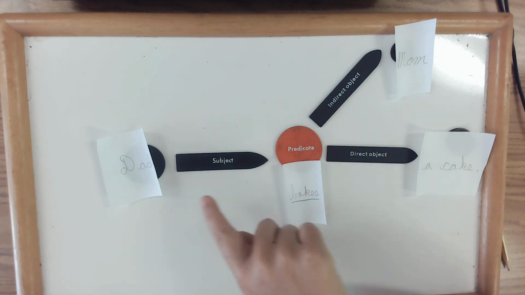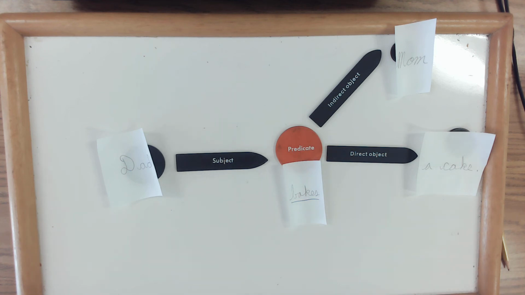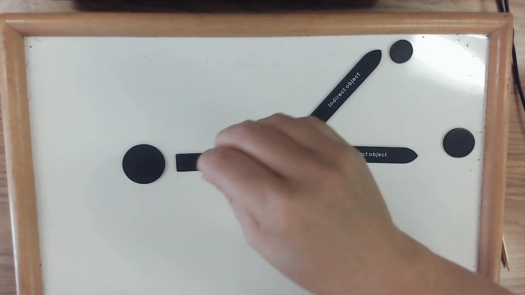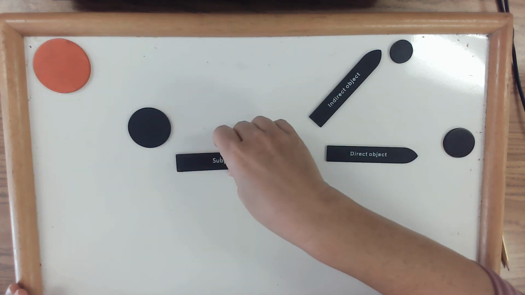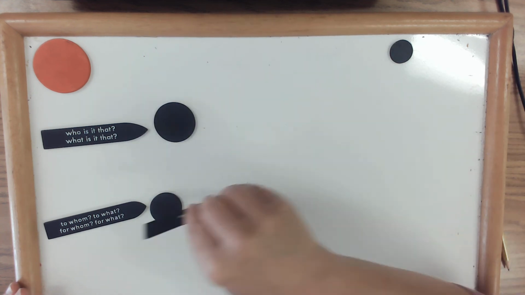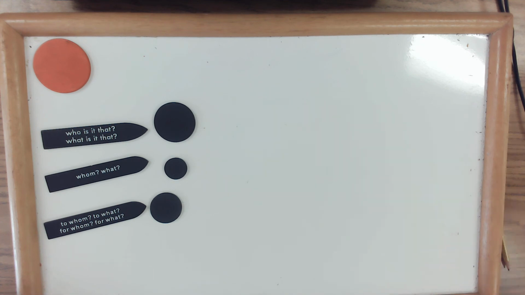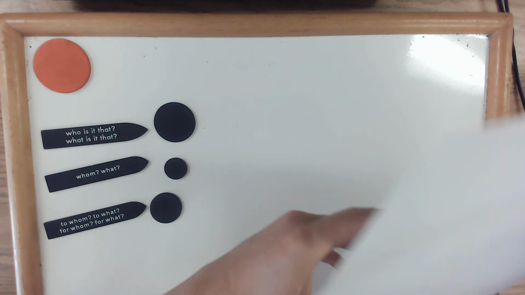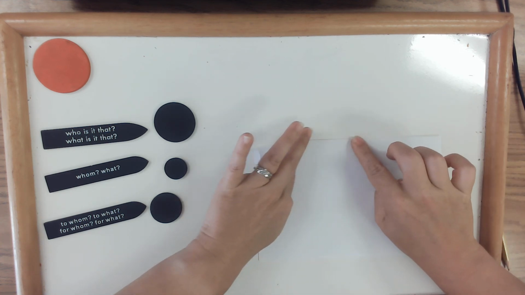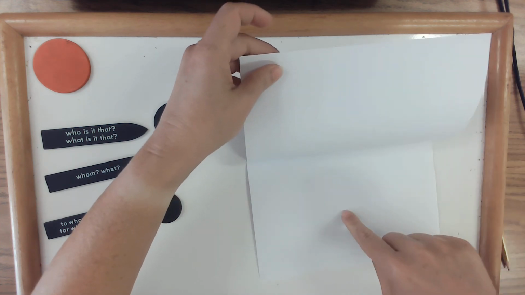This is how you use these arrows, and you write different sentences and you try to follow these patterns. You can also draw these using your own circles and arrows on paper. So let's see what that would look like. You would use a piece of regular paper. I personally like to fold it so that I can do one sentence per rectangle of the paper.